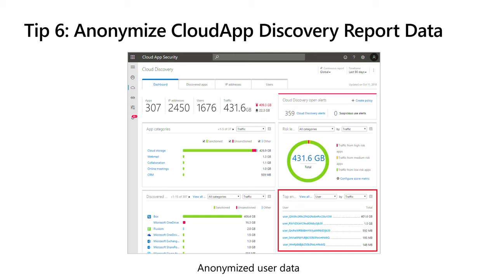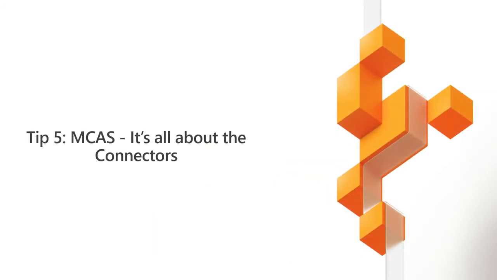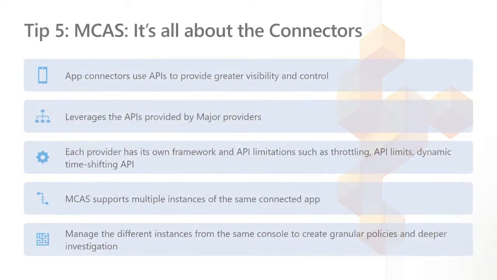Right, okay, so moving on, that's my number 6 there. Okay, so what about my number 5? Number 5, it's all about the connectors. Now, as you know, you can connect your applications and corporate applications by using a number of connectors.